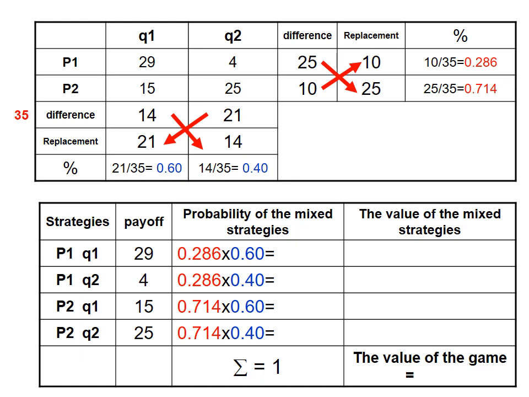We will divide 10 over the summation of the two numbers, 10 plus 25, 35, equal 0.286. And divide 25 by 35 equal 0.714. The summation of the two must be 1. For the column, we divide 21 over 35 equal 0.60, and 14 over 35 equal 0.40.